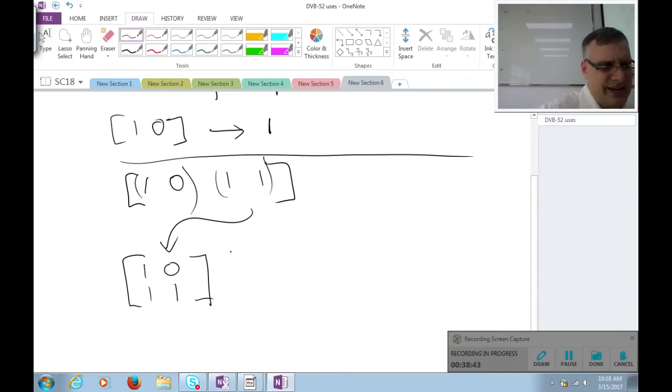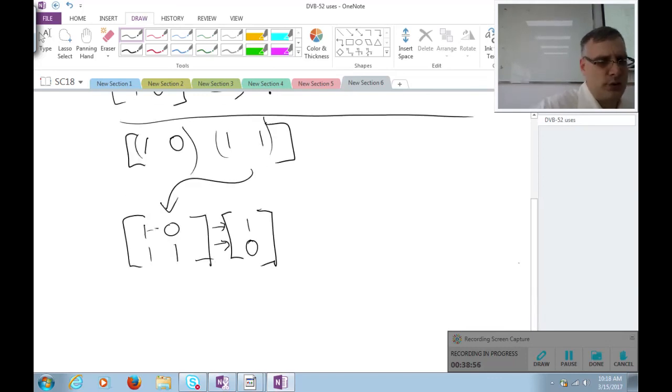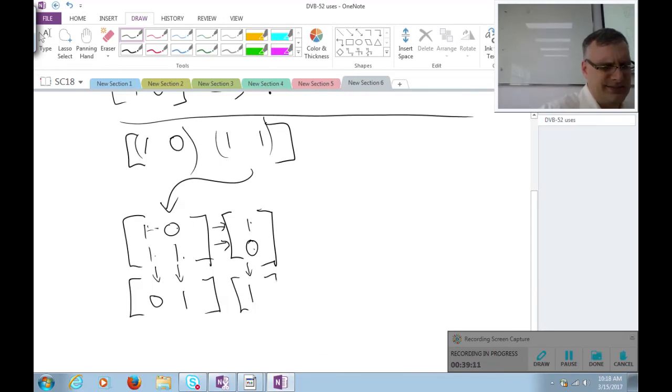And now I do a parity check. 1, 0: this is odd parity. This is even parity below. I do a parity check on the rows, and now let me also do a parity check on the columns. And in fact, I will do a parity check on my parity check bits. So 1, 1, that's 0 parity. 0, 1, that's 1 parity. And 1, 0, that's 1 parity.